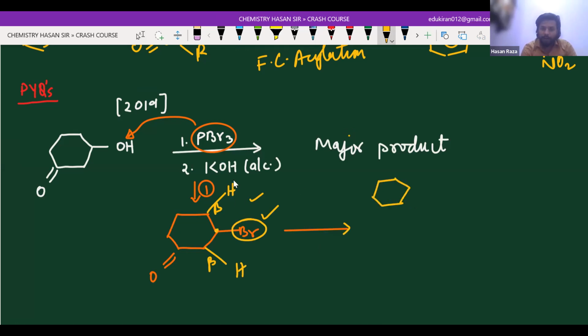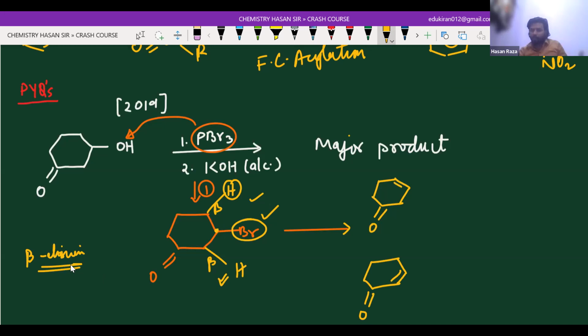If you remove this hydrogen and bromine, the double bond will be here and the rest will be as it is. But if you remove hydrogen from the other side, the double bond will be here and here, like this. In beta elimination with alcoholic KOH, you remove beta hydrogen and alpha halogen.